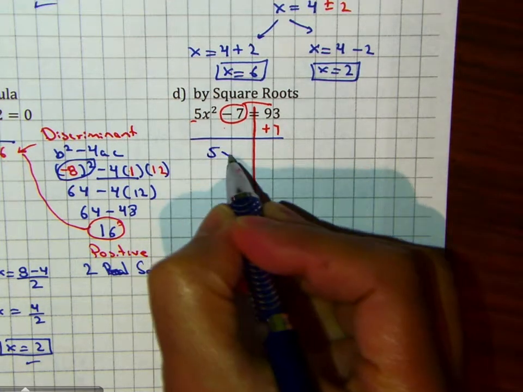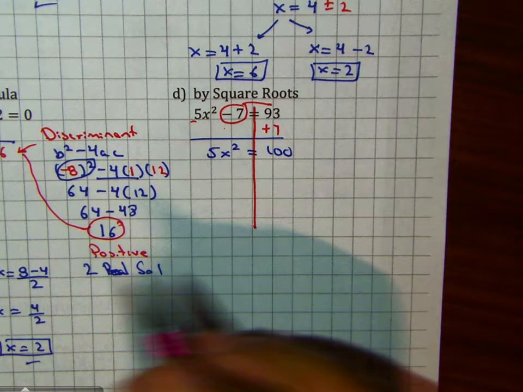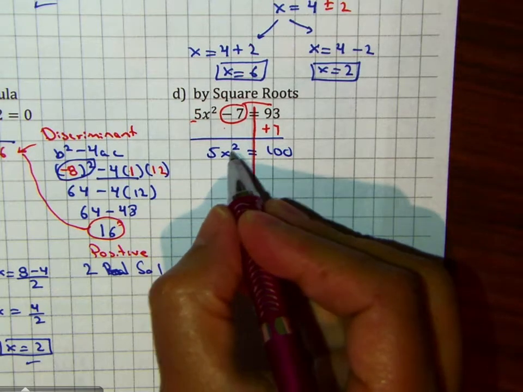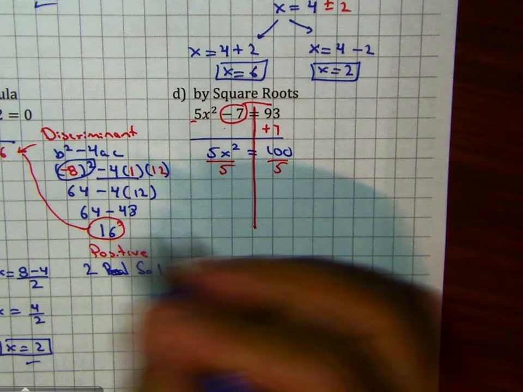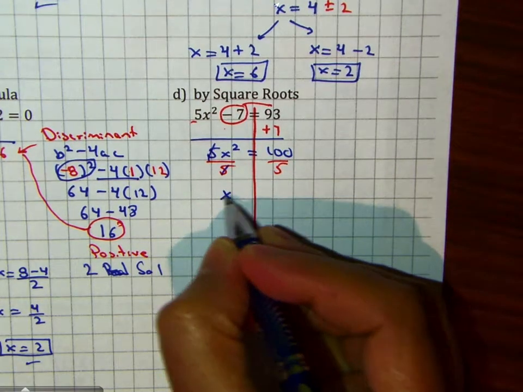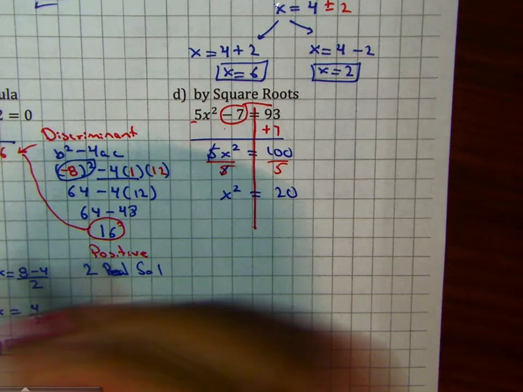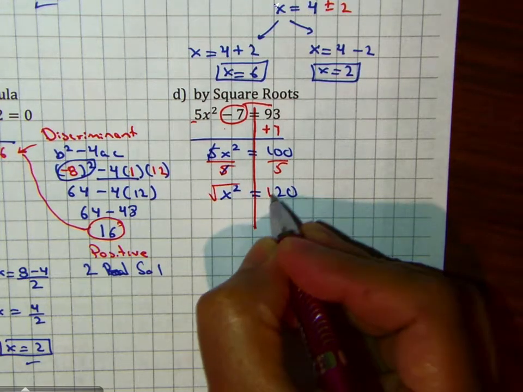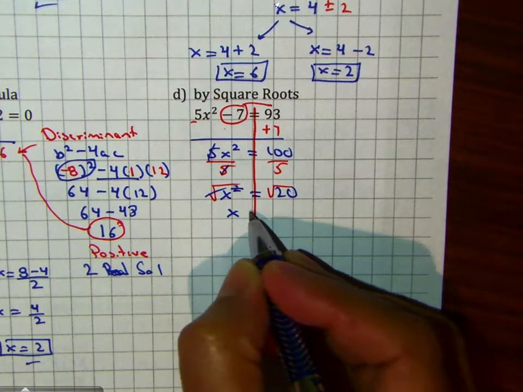That gives me 5x squared equals 100. I need to get rid of the 5 and the square. I'm going to divide by 5 on both sides first. X squared equals 20. And the last step is to get rid of the square by taking the square root on both sides. My square root and my square cancel, so therefore x equals.